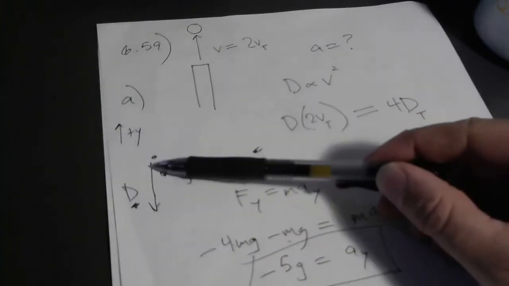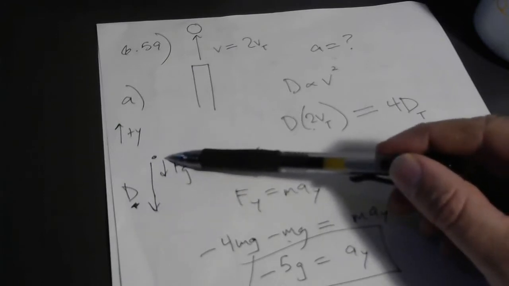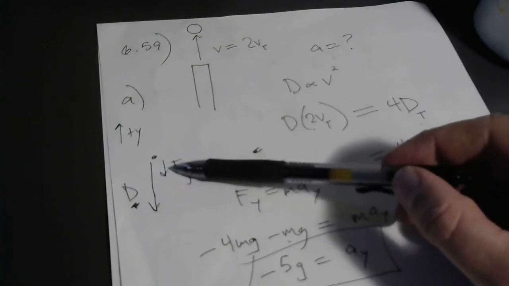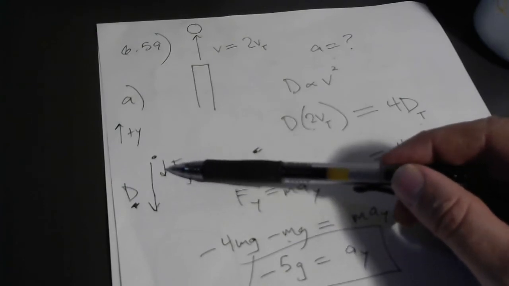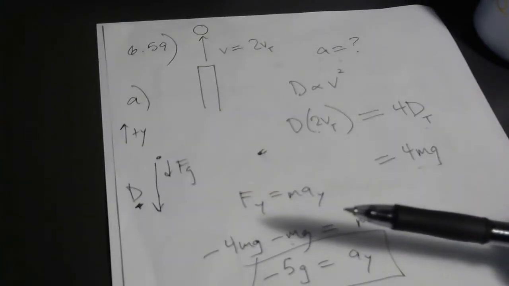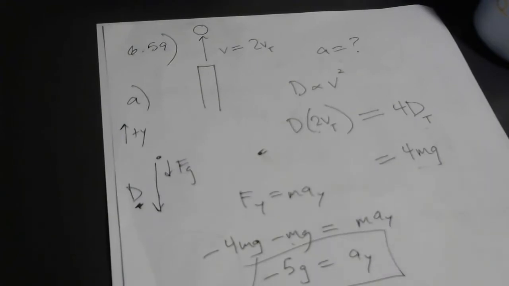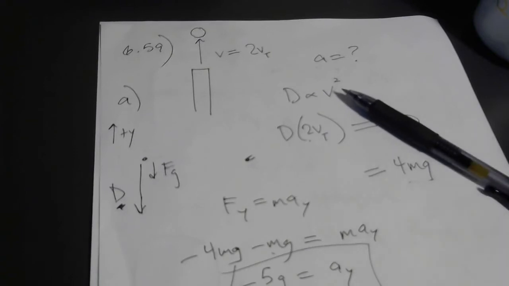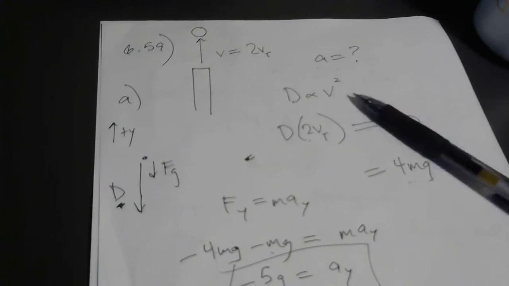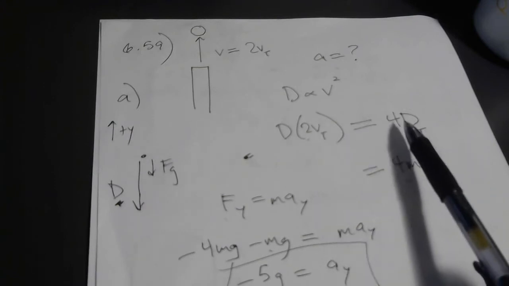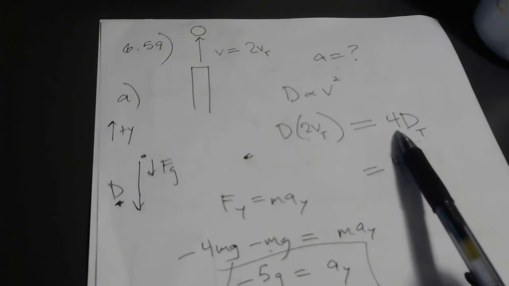Okay, so I've drawn a drag force downwards and a gravity force downwards. And since they're both pointing in the same direction, you're going to get a net force that's also downwards that's even longer than gravity. So we would expect the acceleration to be even greater than free fall acceleration. Here's the quick way to solve this problem. If you remember that drag force is essentially more or less proportional to speed squared, that would imply that if you're going twice as fast as the terminal speed, the drag force would be 4 times what it is at terminal speed.